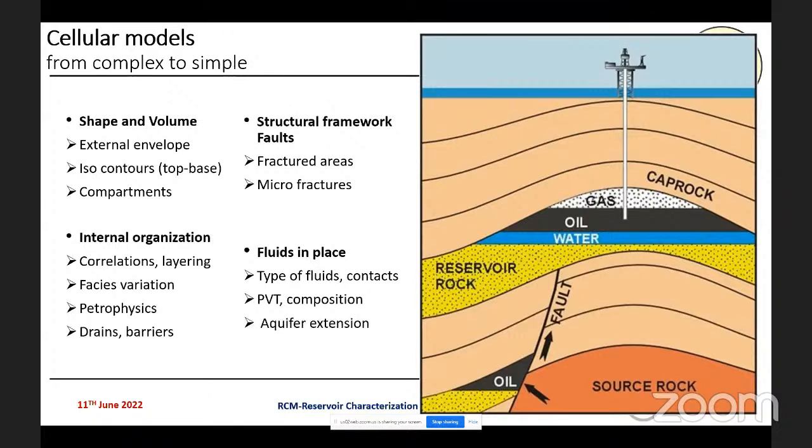The last component is the fluid in place. So it includes the type of fluids, and the type and number of contacts. Sometimes you don't have one contact. Sometimes you have compartments. If you have compartments, this means that you expect to have different contacts. This is encountered in heavily faulted reservoirs, and also in some basins like Sarawak, where you have different carbonate reservoir cones, and each one has a different contact depth.